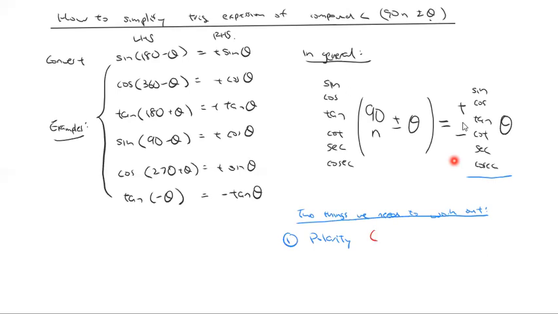One is, is it positive or negative? That's question 1. And question 2 is, which trig ratio? And that's actually really simple to do.